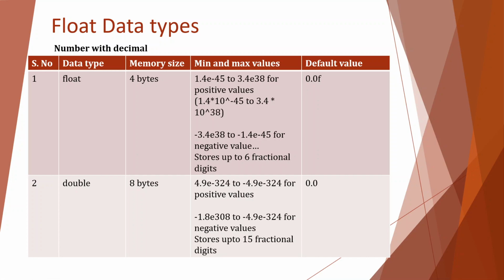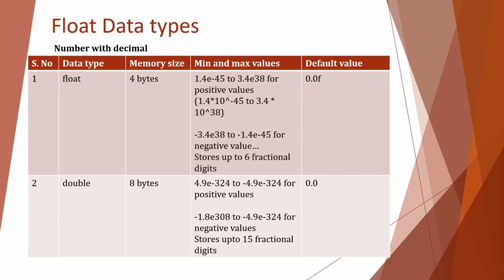So the maximum number of decimal places accepted is six fractional digits for float. As we can store fractional digits in the float data type, it stores up to 6 fractional digits.